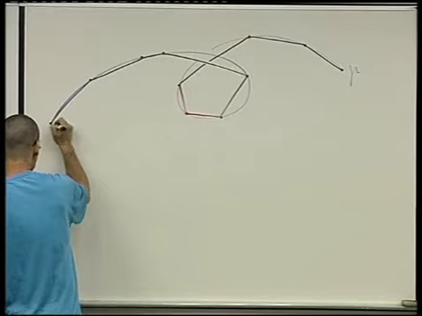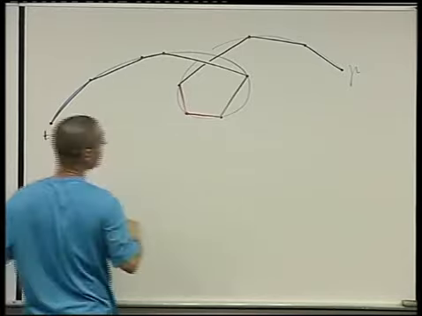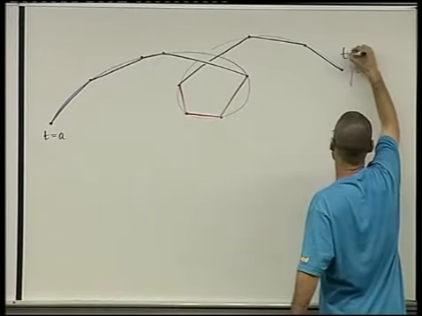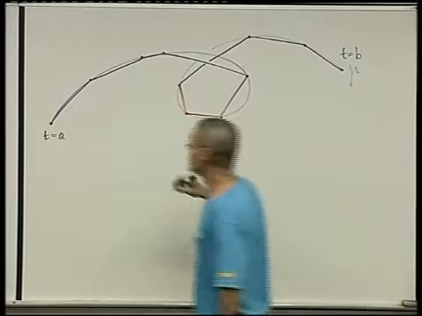So this point here corresponds to, let's say, t equals a. This is where the curve starts. And t equals b is where the curve ends. And then we have all these t's in between.